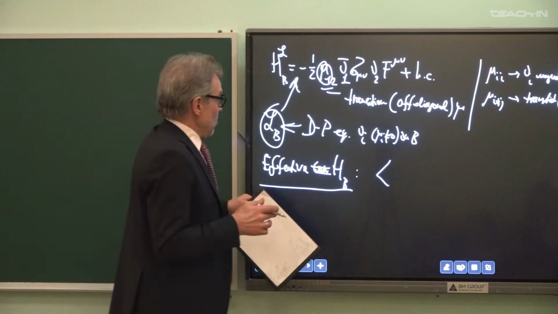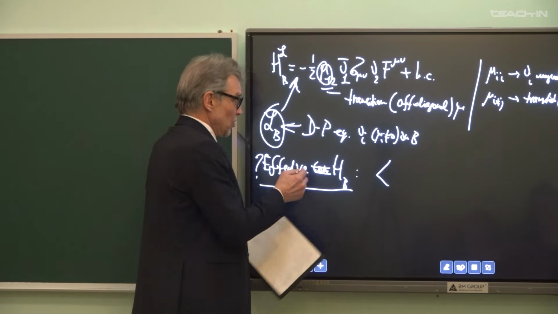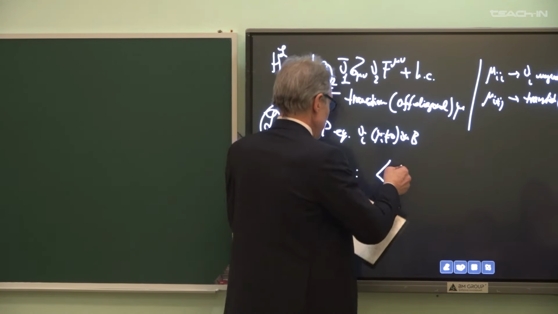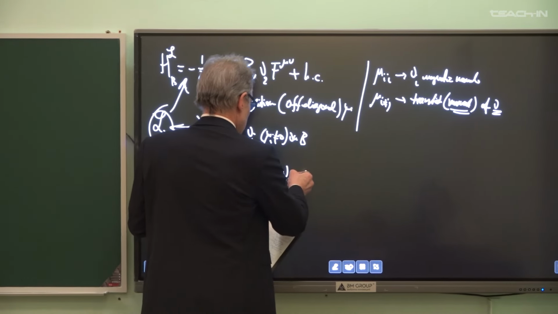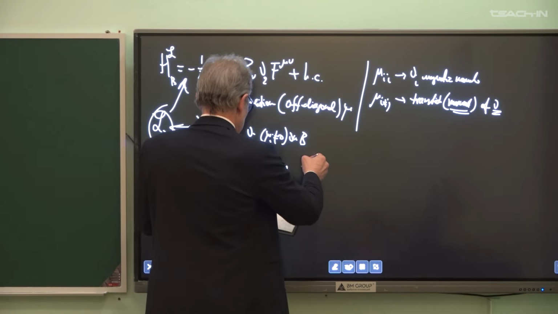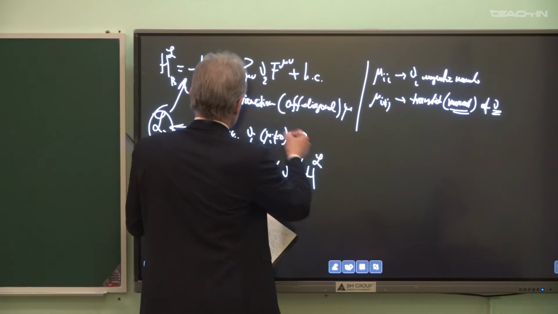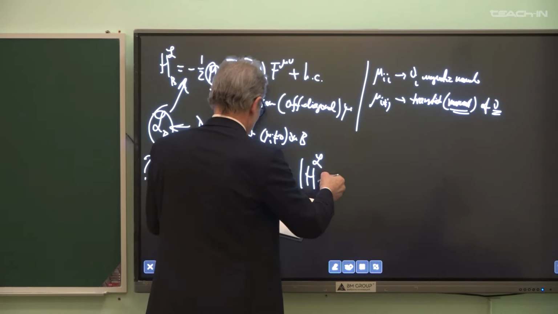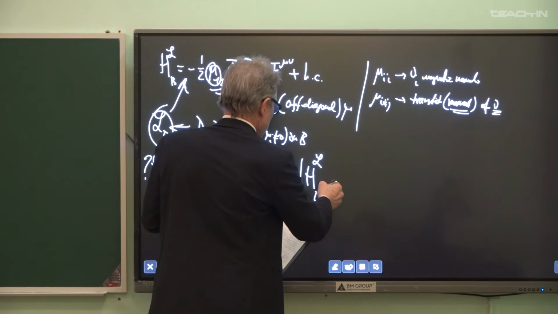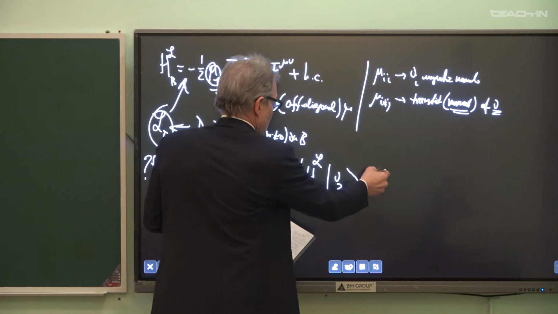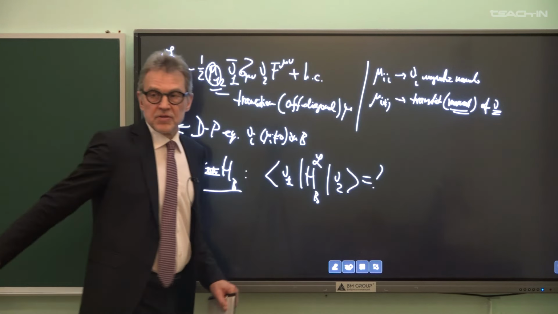So we have to calculate the following. This is nu1, this is the real Hamiltonian of interaction, B, and this is nu2. So we have to calculate all these terms.